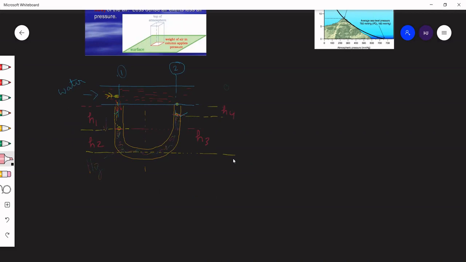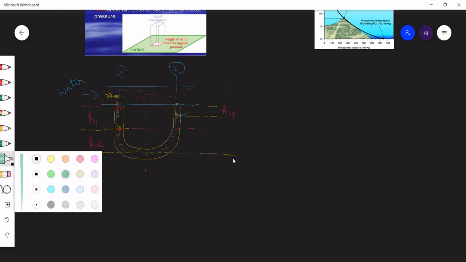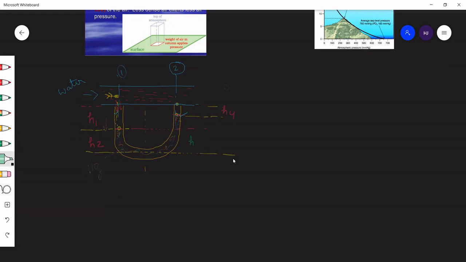This part is the same as H2, same line, and this one is H3, because this is H2, this is H2, same. Now remember this.